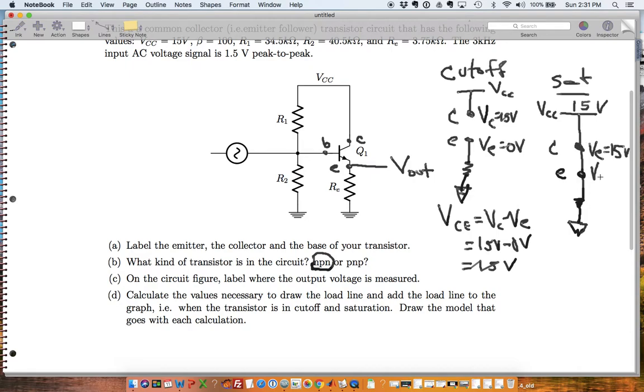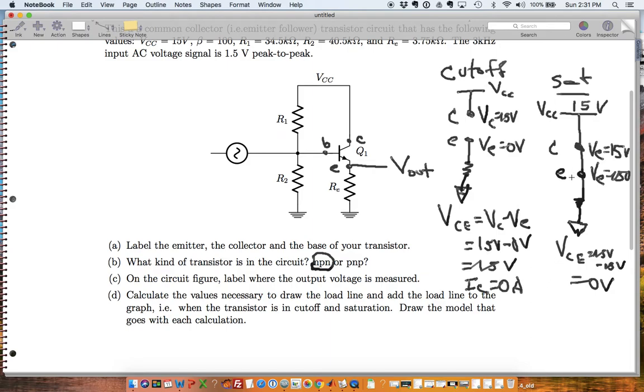So this VE is also equal to 15 volts. So now VCE is equal to 15 volts minus 15 volts, or 0 volts. Now here current is 0, so I know in the cutoff my IC is equal to 0 amps.